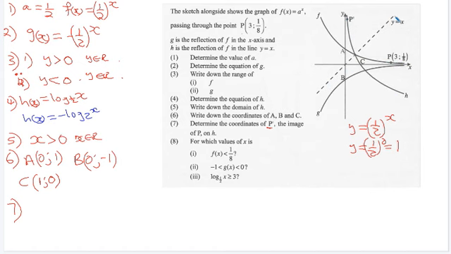And whenever we reflect in the line y is equal to x, we exchange the x and the y. So if P was 3, 1/8, then the first image of P there will have the coordinate 1/8, 3. It's a matter of swapping. P was 3, 1/8, so this has to be 1/8, 3. That is the coordinate, that number 7.